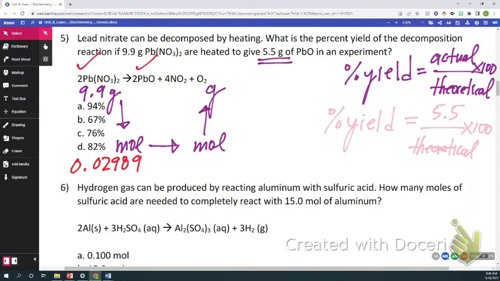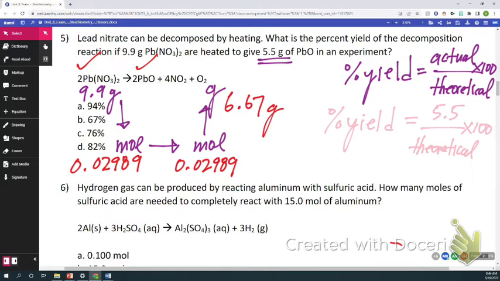It's a 2 to 2 ratio, so you're going to end up with the same amount of moles of PbO. And then multiply that by the molar mass of PbO, which is again 207.2 for Pb, plus 16 for oxygen. And I got for grams, I got 6.67.